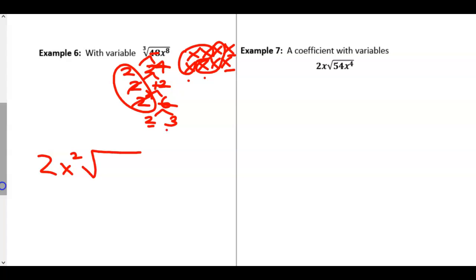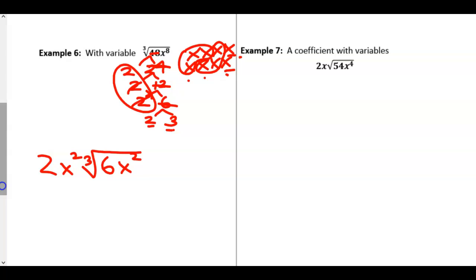Loner 2, loner 3, loner x, loner x. Weren't there 2 leftover x's over here? Okay, so 2 times 3 is 6. x times x is x squared. Okay, so it's kind of weird. And you're very right, it's supposed to be cube root, not square root. Put a little 3 there. Cube root, not square root.